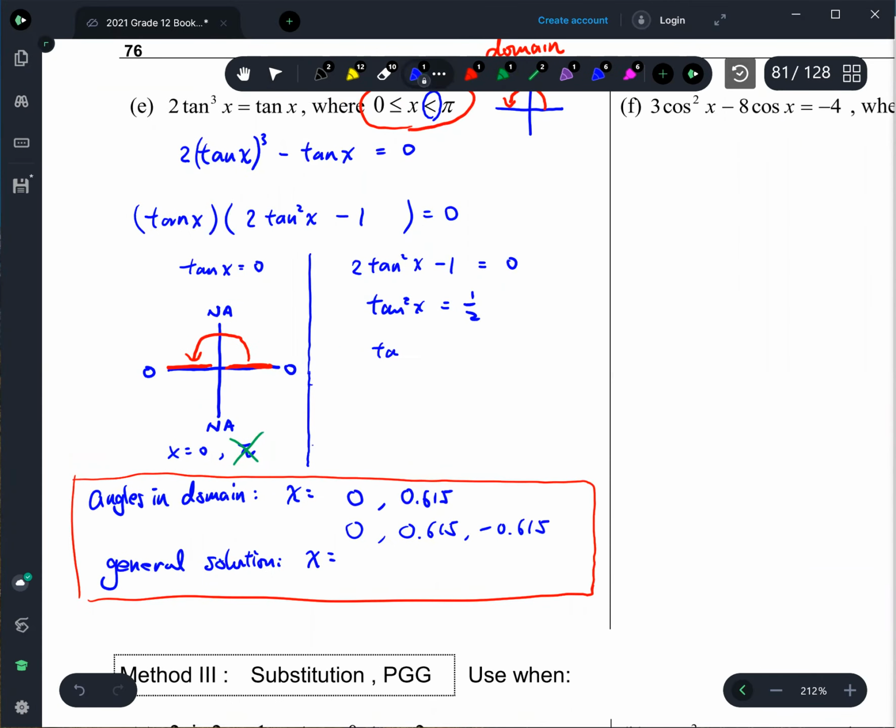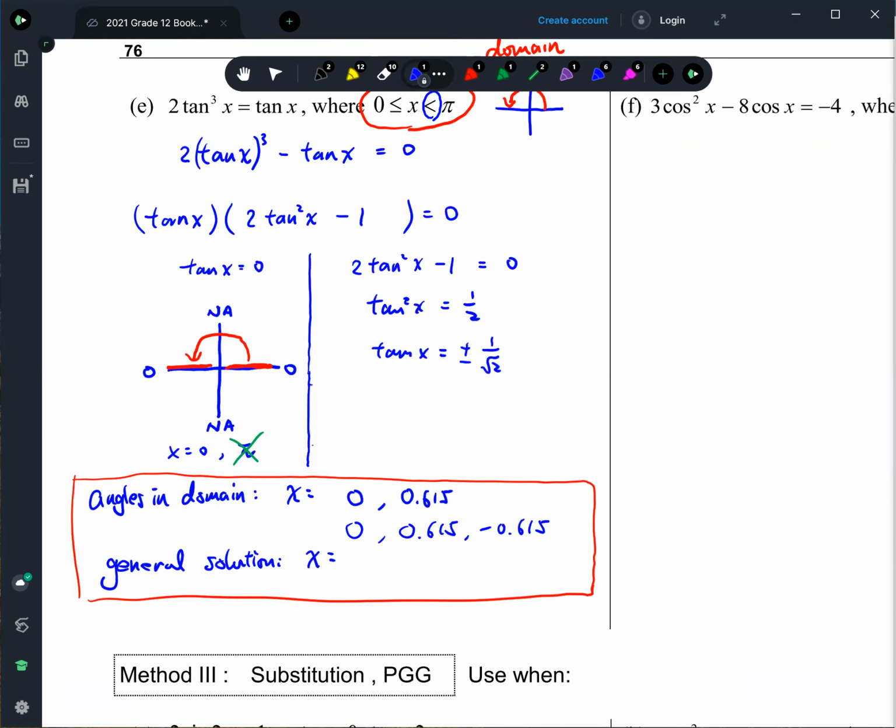So tangent x will equal plus minus. The moment you put square root on, you need plus minus. So 1 is opposite, right? Adjacent is root 2. So this one is not a special angle, okay?